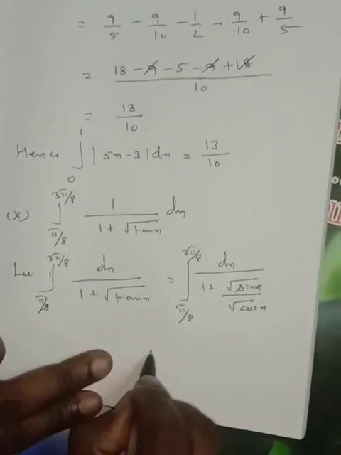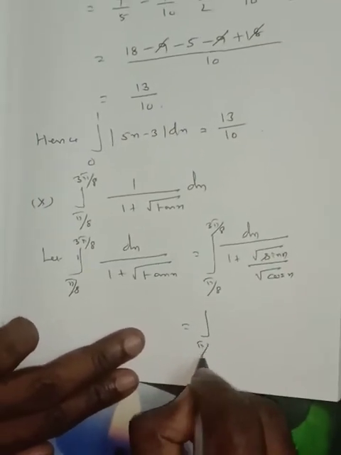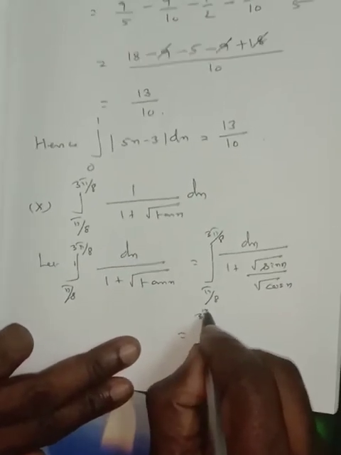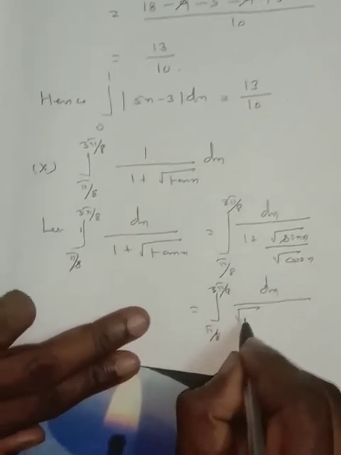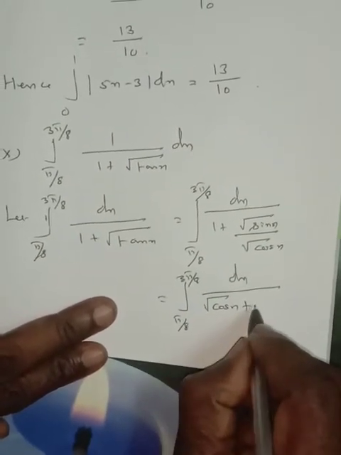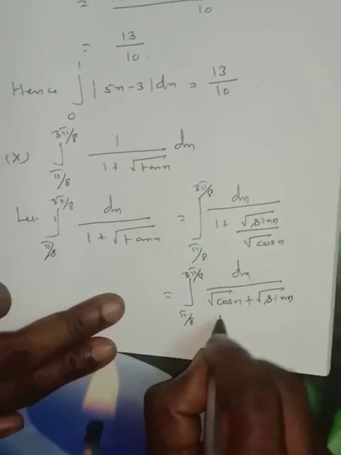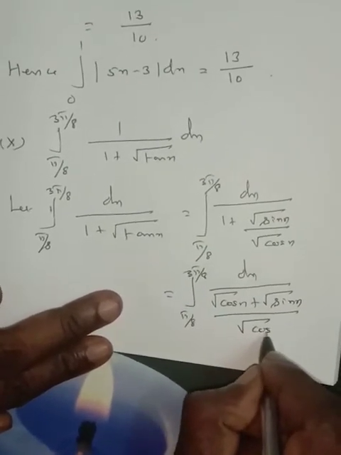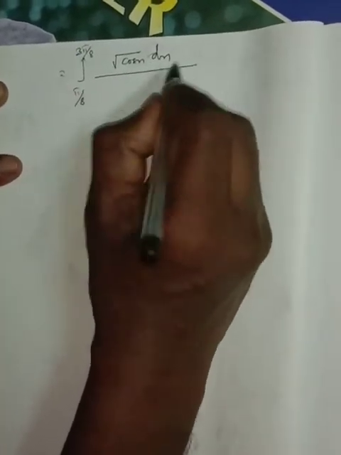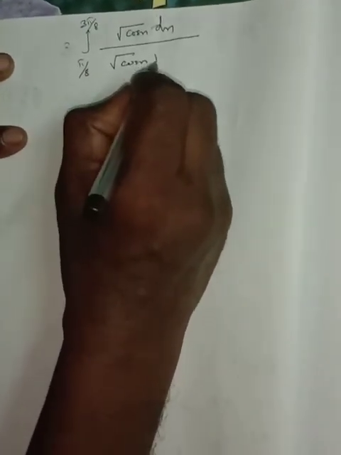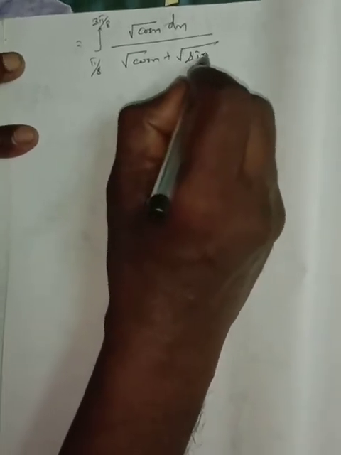Taking LCM, we have integral pi by 8 to 3 pi by 8 dx divided by root of cos x plus root of sin x divided by root of cos x, that is integral pi by 8 to 3 pi by 8 root of cos x dx divided by root of cos x plus root of sin x.